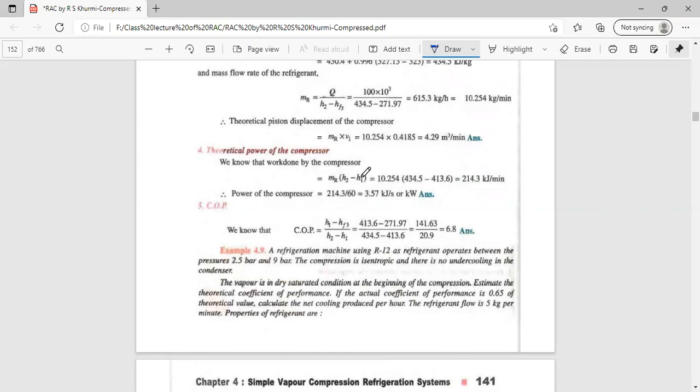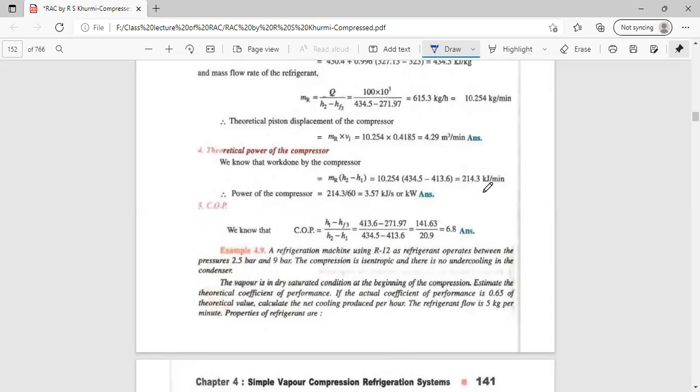That is H2, the enthalpy at the end of compression, minus H1 at the beginning of compression per kg, multiplied by the mass flow of refrigerant fluid in the system, which is 10.524, just calculated here. H2 minus H1 we have already got. So the work done by the compressor is 4.13 kilojoule per minute itself.